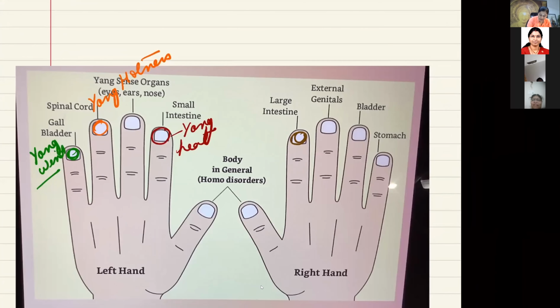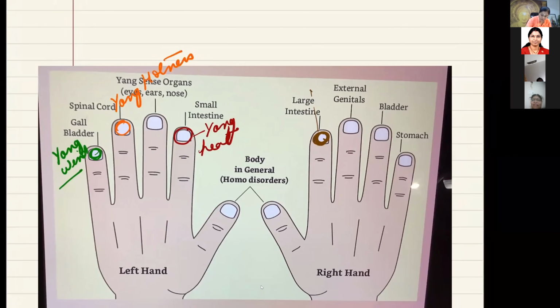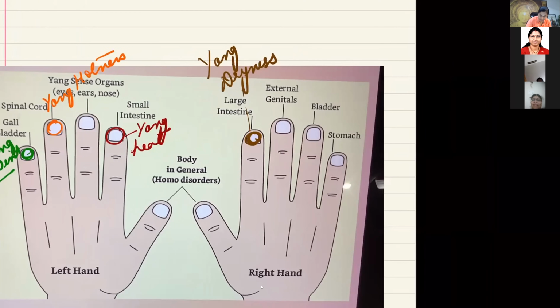So large intestine, brown color, this is connected with yang dryness. Bladder, connected with yang coldness. And stomach connected with yang humidity.